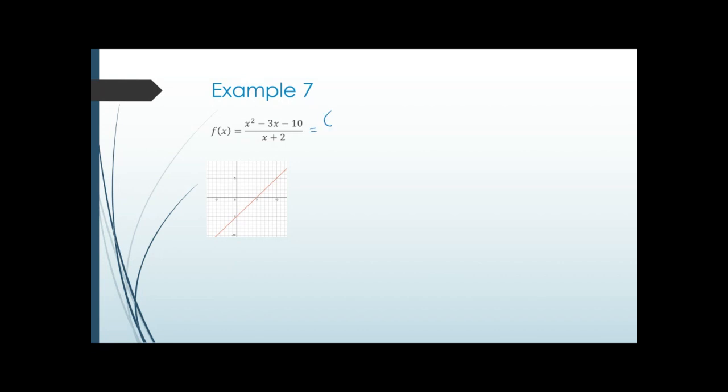So if I factored the top, that's x minus 5, x plus 2. And then I have x plus 2 in the denominator. So if you factor it, you can see that the x plus 2's cancel. So those would cancel out and you're left with x minus 5.